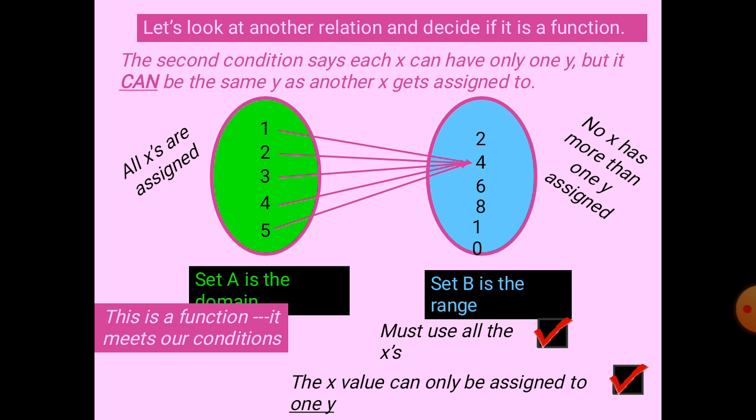So it is a function. All the x's are assigned. Can you see? Set A, the domain, is all assigned, and each x value is assigned to only one y. So it's a function.